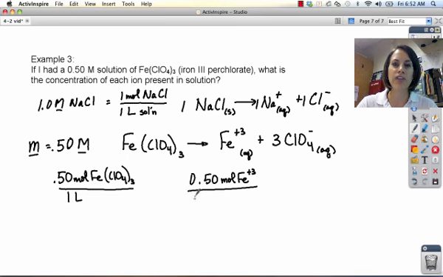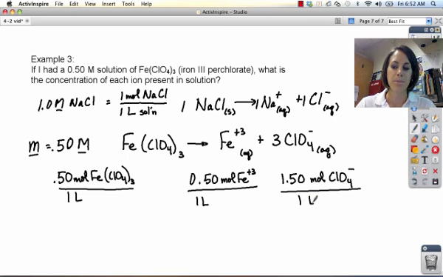But my coefficient in front of the perchlorate ions is 3, which means it's 3 times as many ions. So 0.50 times 3 is 1.50 moles of perchlorate ions. So it's important here that we get the correct balanced dissociation equations to look at the right coefficients, and then it's just a relationship after that.